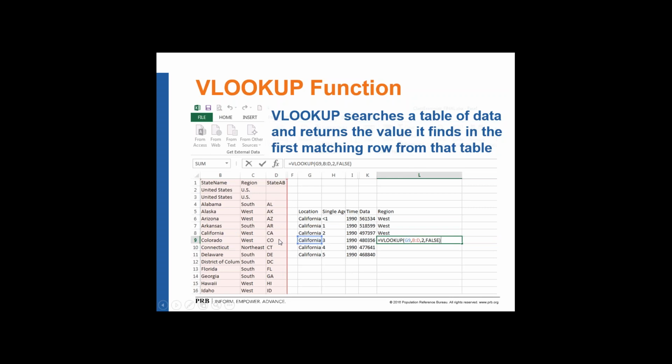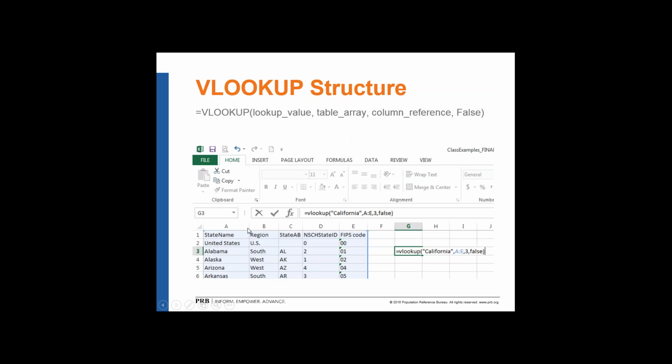So in the example you see on the screen here, Excel is searching for the contents of cell G9, which in this case is the text California, in the leftmost column of the table that's highlighted in red here. So it's going to look down this column and look for the word California. Once it finds that, it's going to return what it finds in the second column next to California, in this case the word West. And we'll break this down in a little bit more detail.